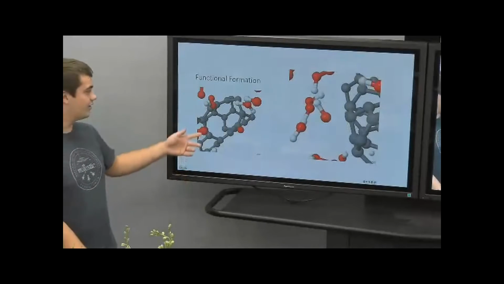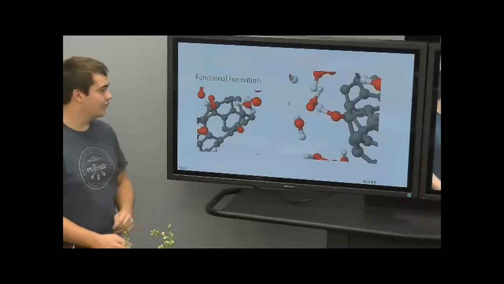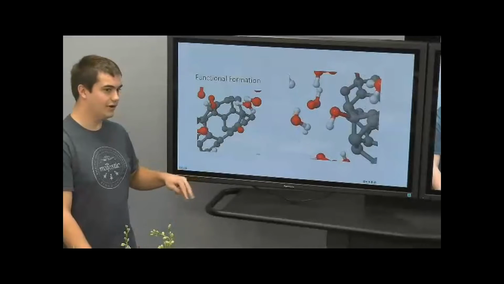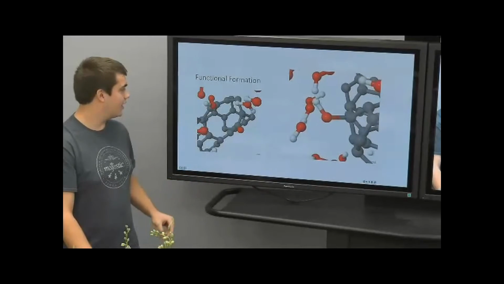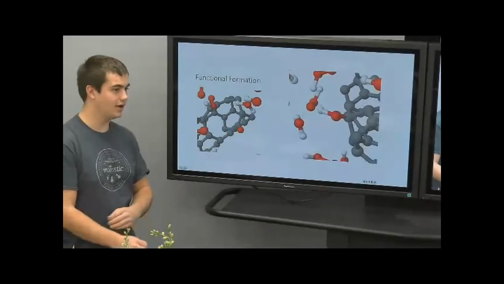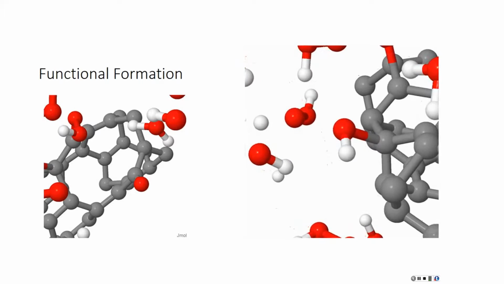And in this still frame here, it's kind of hard to see, but the 6-member ring on the carbon nanotube was functionalized with 3 different oxygens, and it actually broke and created a hole on the nanotube without dissociating a carbon off of the nanotube.